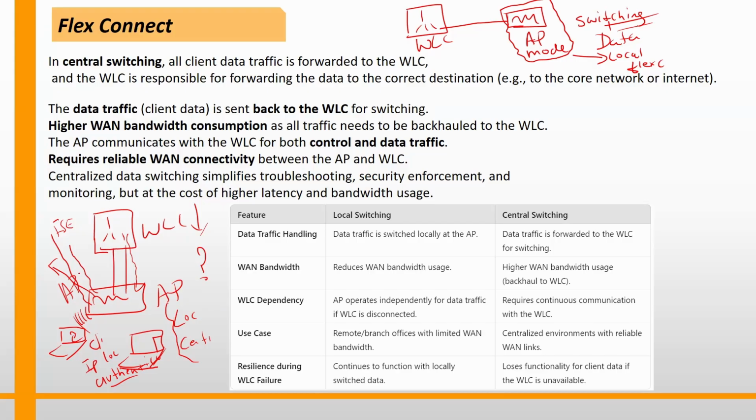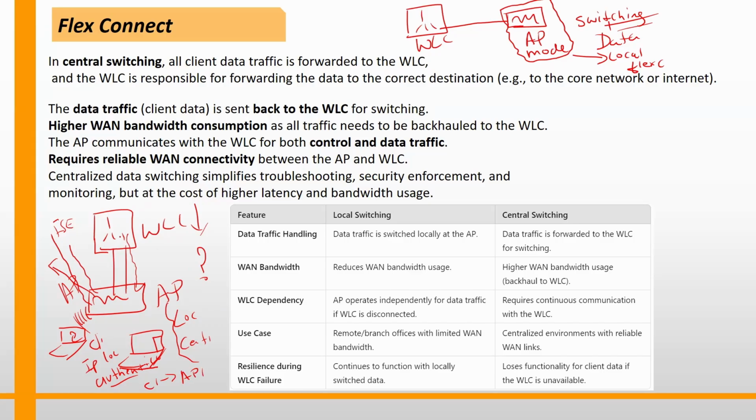Okay. Then what is the benefit of it? It will just connect. Then what about the WLC? After getting the IP address and authentication, the WLC will update the client's information into its database, that this particular client is coming from AP1.